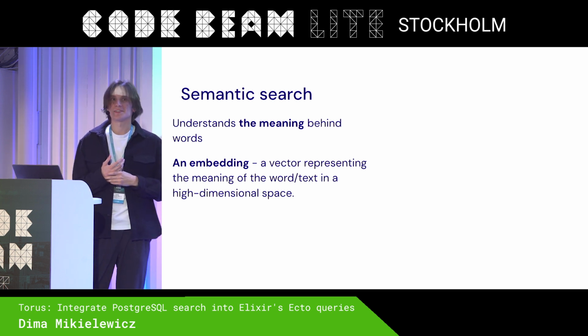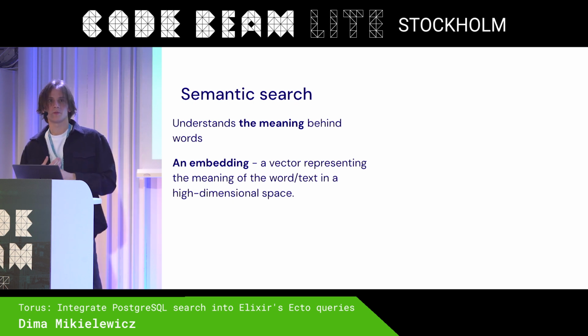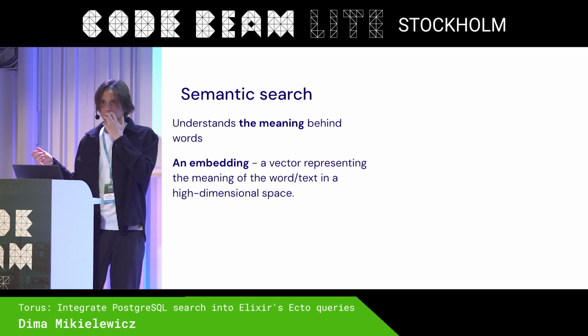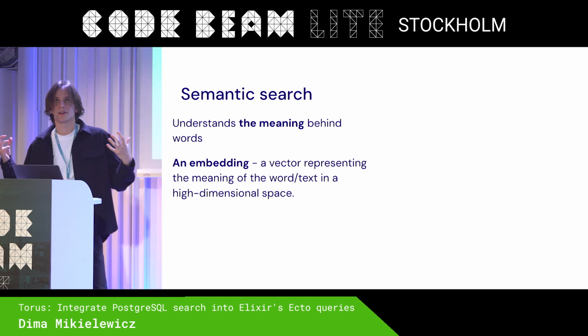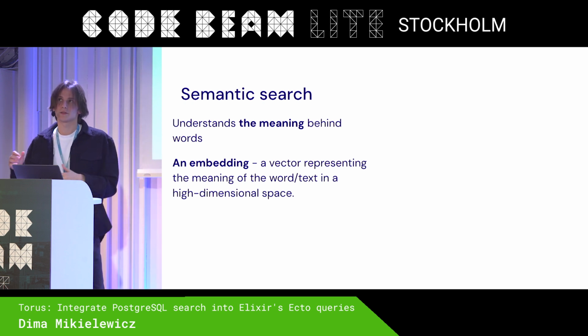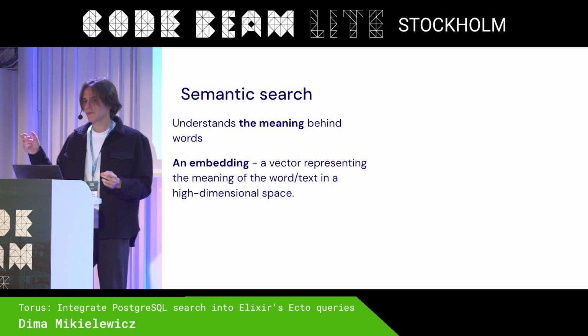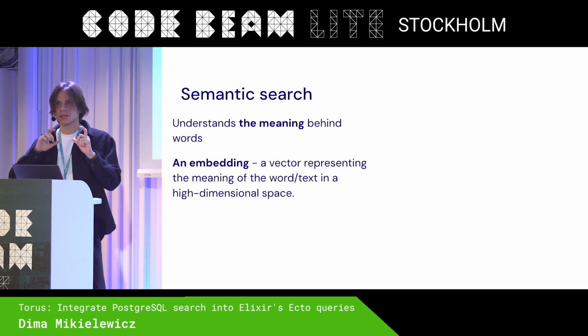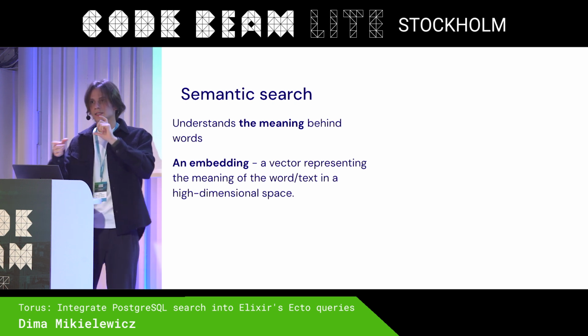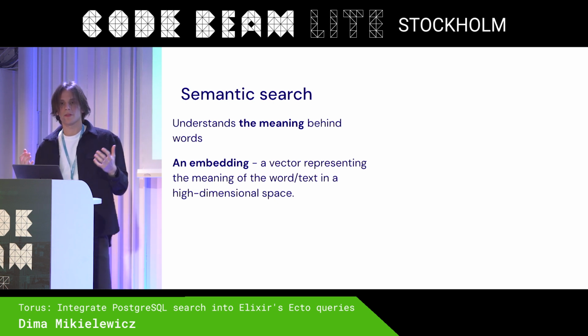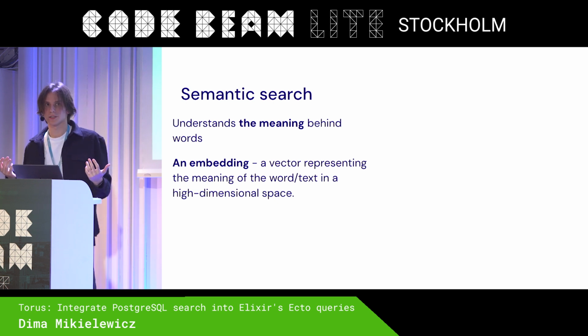So an embedding is a vector representing the meaning of the word text in a large, highly dimensional space. You can imagine that this vector might have thousands of dimensions, and if we compare these two vectors, if the distance between these two vectors is close, this probably means that they mean the same or close things.